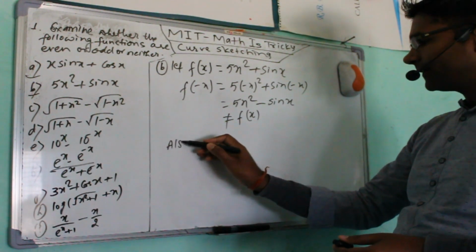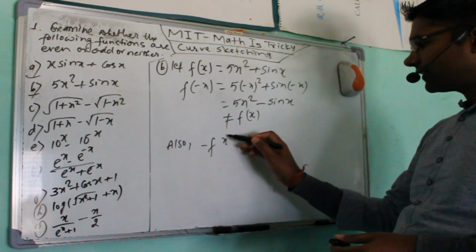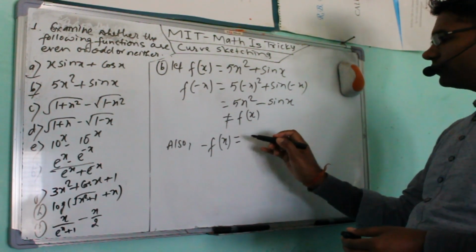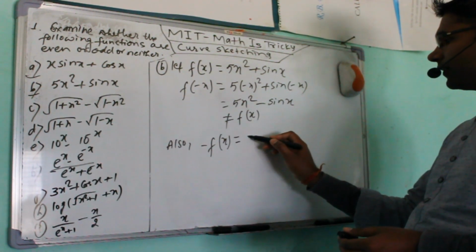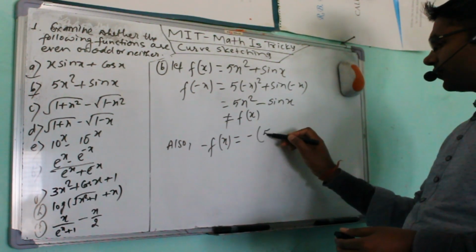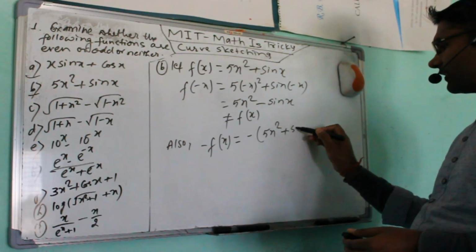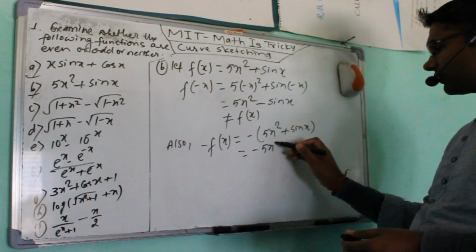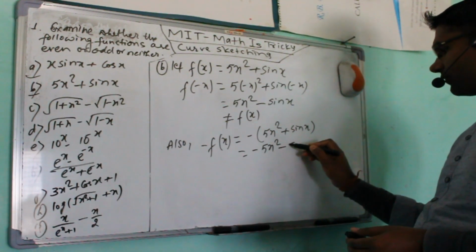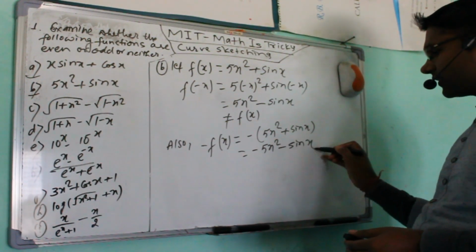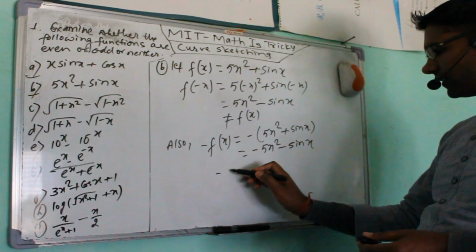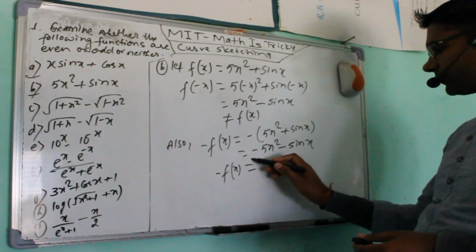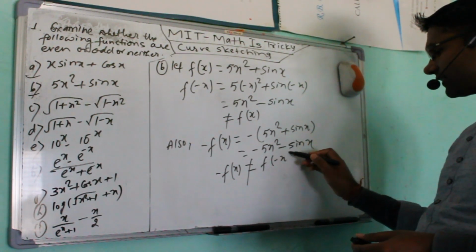Also, minus f of x equals minus 5x square minus sin x, which is also not equal to f of minus x.